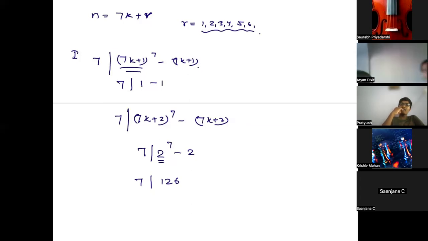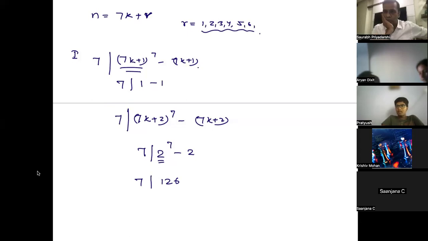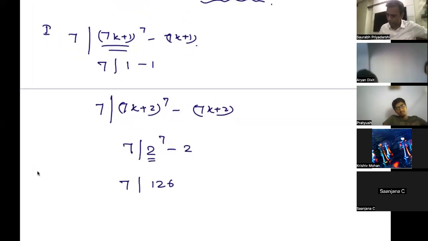So when we subtract both of them, we'll get 0, right? And then we multiply it with n again. We'll get remainder as 0. So it's divisible. Fermat's theorem is also there, but we'll study that Fermat's theorem later, right?